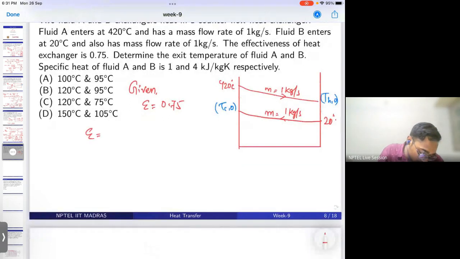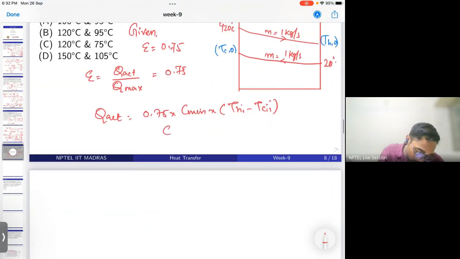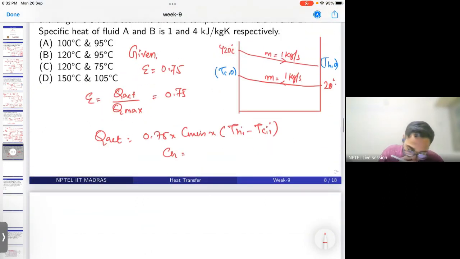So the epsilon is Q actual divided by Q maximum, which is given as 0.75 already. So what is Q actual? It is 0.75 into C min into THI minus TCI. So what is the hot fluid CH? That is the heat capacity, that is mass flow rate into CP.